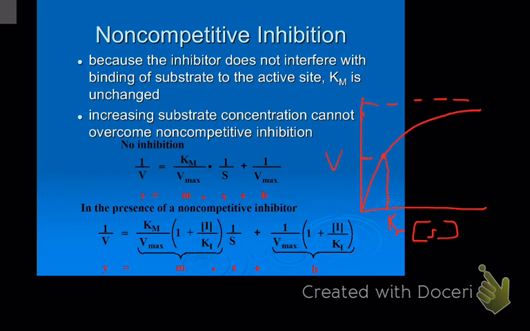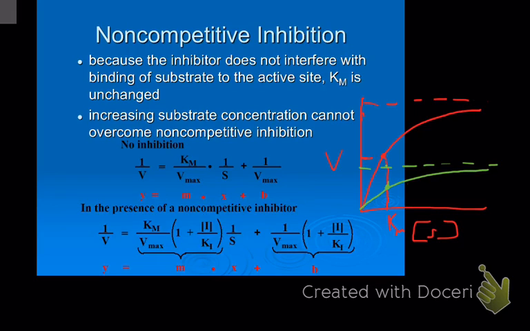Now we have to have the same Km, but we have a different Vmax. So let's say that, if that's the halfway point, then that's going to be the maximum point. There we go. So it's got the same Km, but it has a different Vmax. Actually, that turned out a lot better than what it normally does.